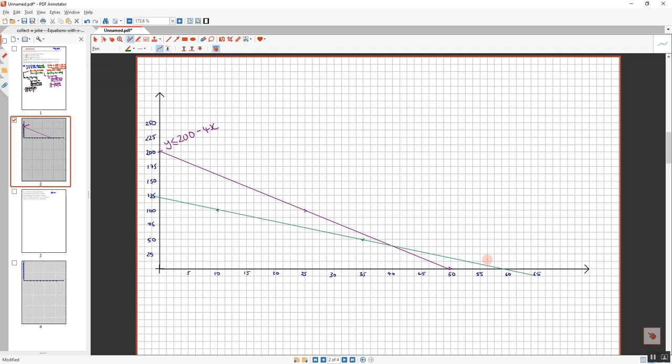So the second one is y is less than or equal to... what's the equation? Technically, the line is y equals, okay?